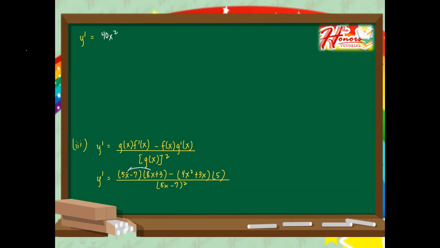And then after that, we will be multiplying also 5x and 3. So we will be getting plus 15x. It is because 5 times 3 is 15, and then copy x.